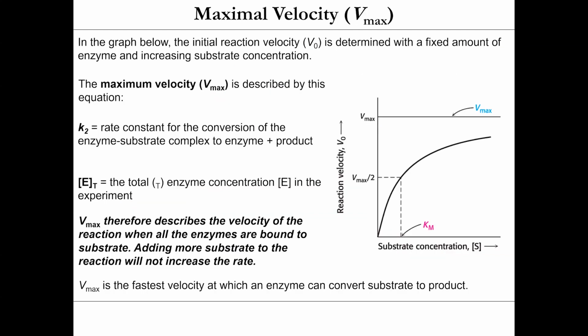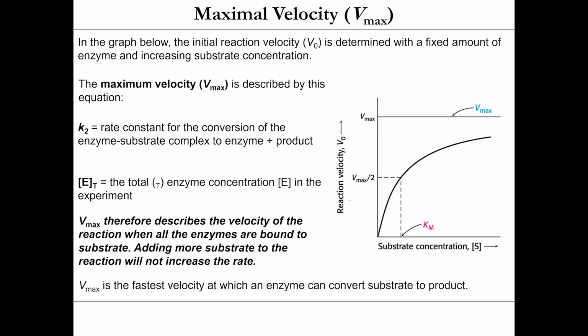Because Vmax and Km are such important variables in enzyme kinetics, I'll go over them a little bit more, even though I'm going to repeat myself a little bit. First we'll talk about maximum velocity. In this graph that we're showing here, you can see that the initial velocity is determined, again, with a fixed amount of enzyme and increasing substrate concentration.